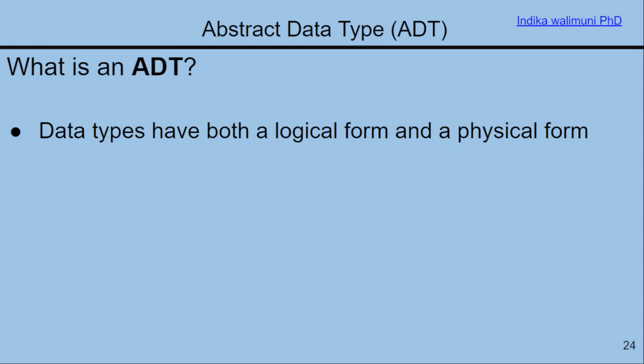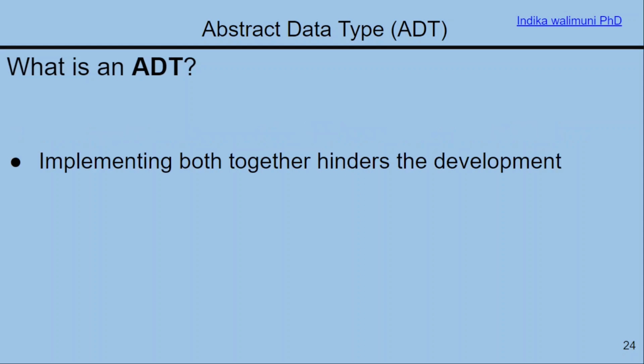A data type has a logical form and a physical form. If we try to implement both together, then the logical form and the physical form are intertwined really tightly. That's basically going to hinder the development. So we need to separate the two.